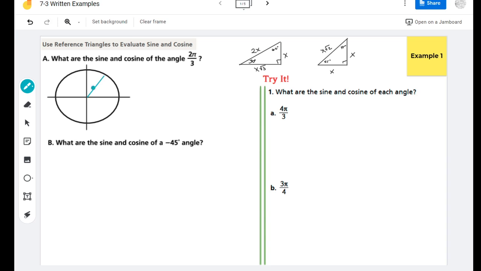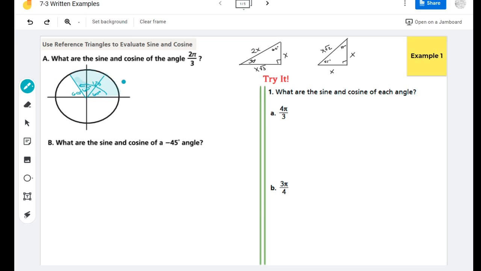Thinking about this in terms of degrees, if I'm cutting this top part into thirds, each of these would be 60 degrees. So if I want 2/3, I'm taking 2 slices here, which means that this angle, in degree measurement, is 120 degrees.